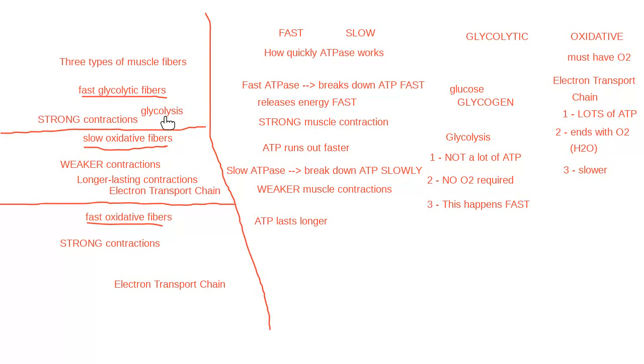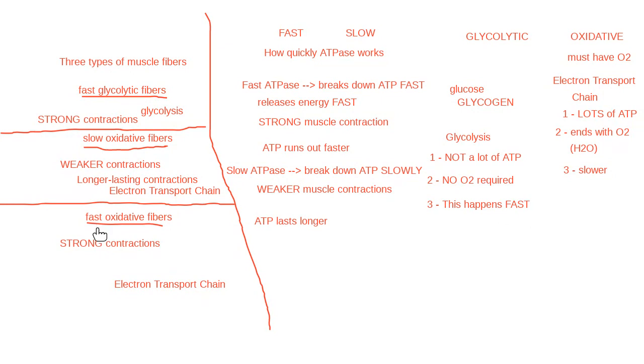So remember, with glycolysis, I can make energy fast, which is great too. That means that not only can I do my process that builds me new ATP really quickly, I can chop up that ATP really fast. These are going to be the strongest type of muscle fibers you can contract, because not only do they quickly make ATP, but they can also chop up that ATP really fast.